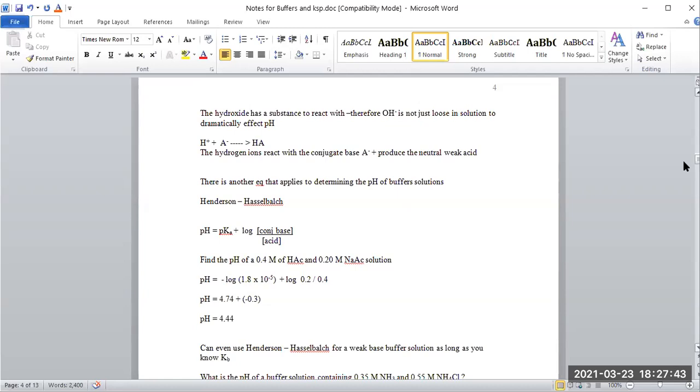There's another step involved if you're using a base. Otherwise, you end up with very bizarre and wrong answers. But there are ways to compensate for this in terms of how you rearrange it. All right, that gets us a ways into the buffer KSP chapter.